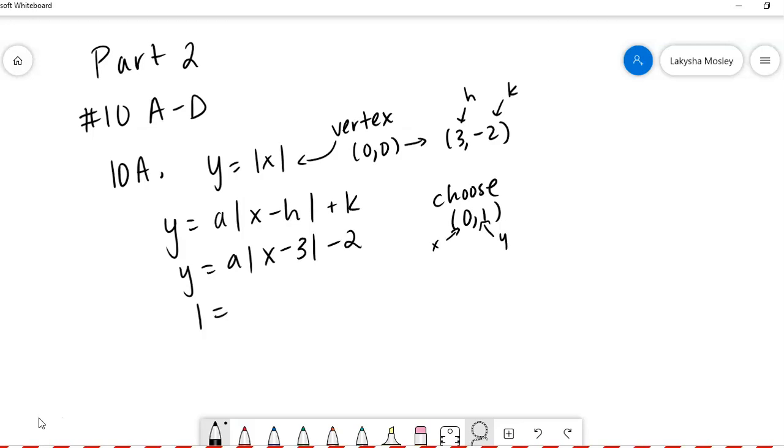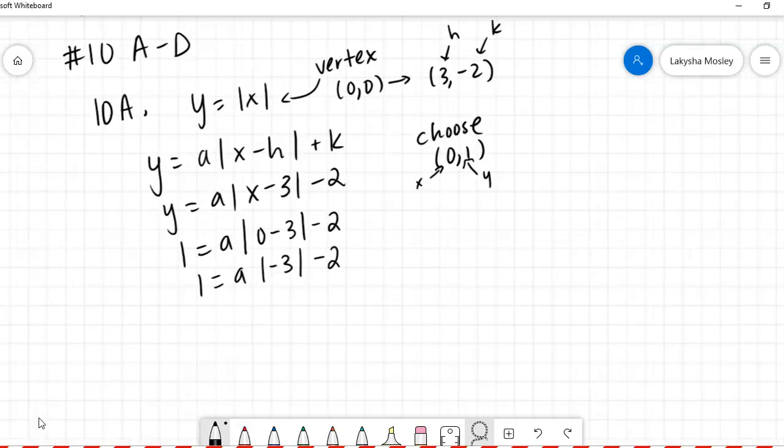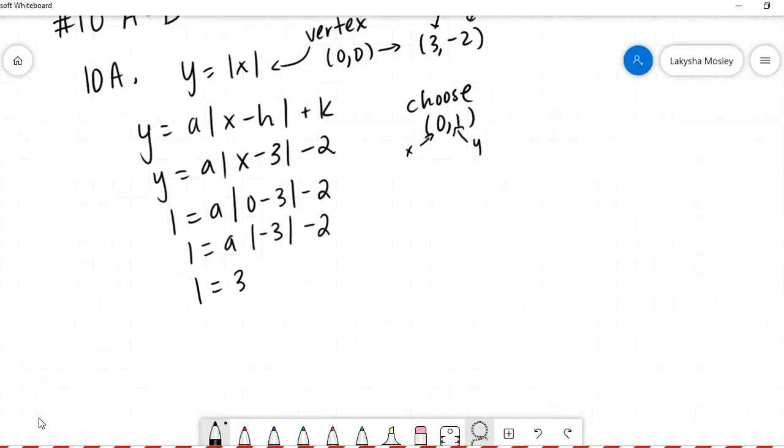I'm trying to find the a value. So 1 is equal to a times the absolute value of 0 minus 3, minus 2. This is the absolute value of negative 3, so I'm going to rearrange this and put 3a minus 2. I add 2 to this side, so I have 3 is equal to 3a. So a is equal to 1.